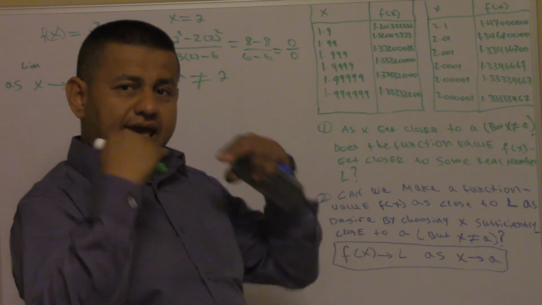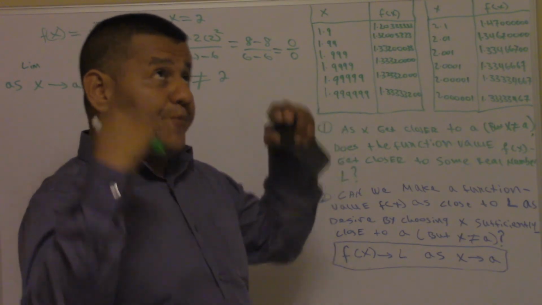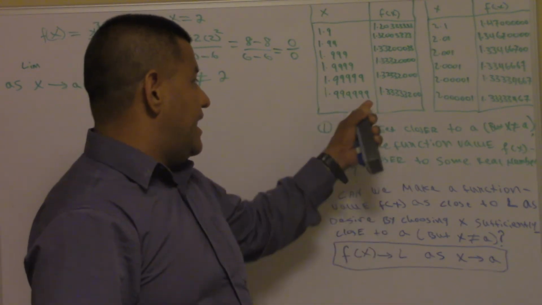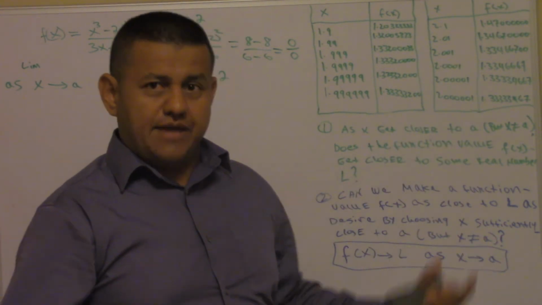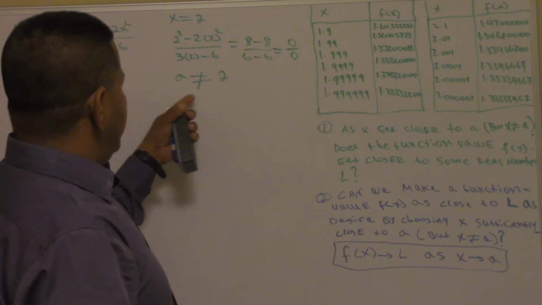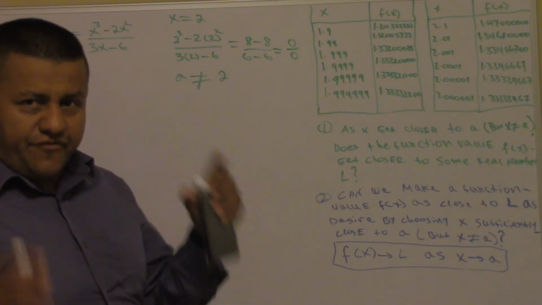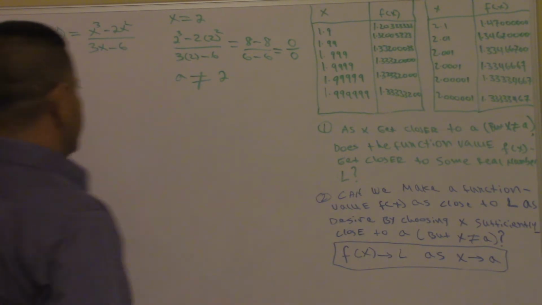When x approaches a on both sides, the number L is almost the same. But x cannot equal 2. That is very important to remember. X cannot equal 2.